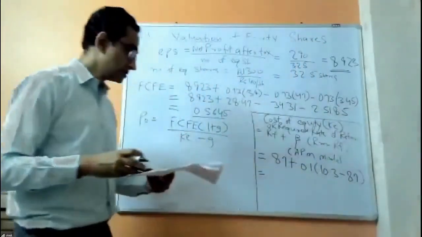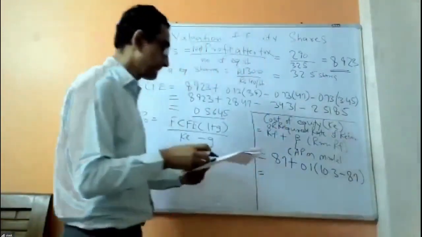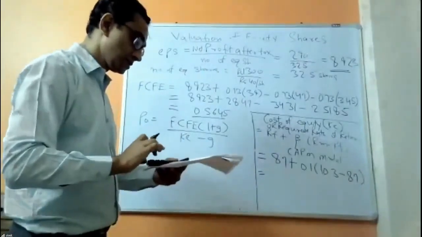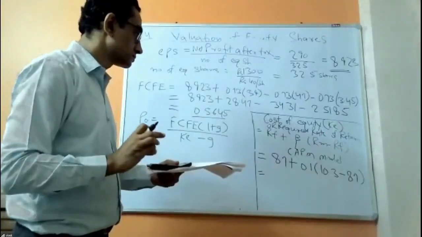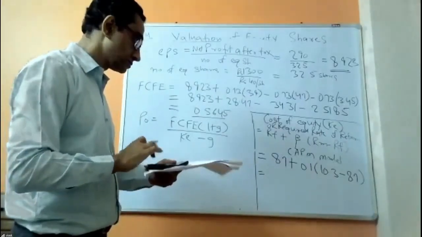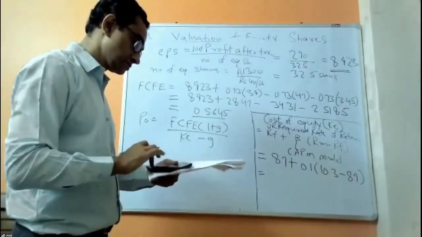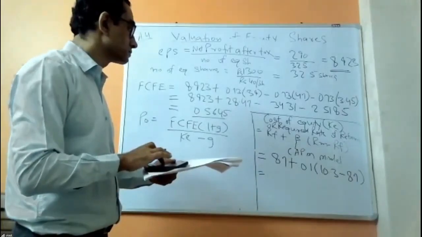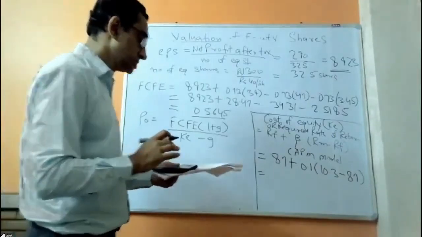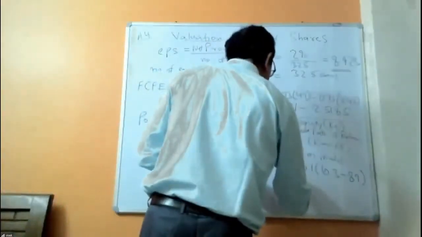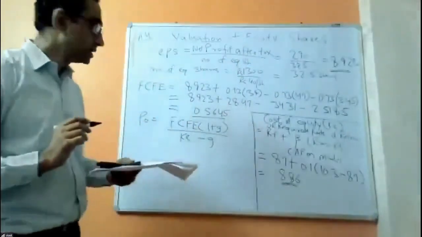Now let us calculate it. So it is 8.86. The cost of equity KE is 8.86.